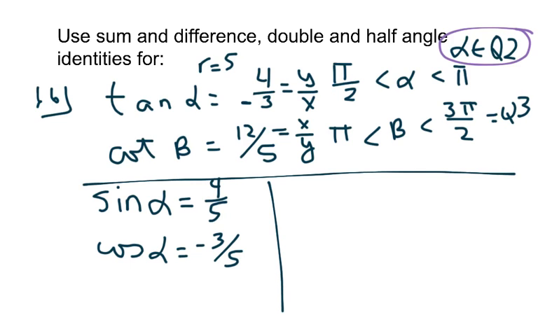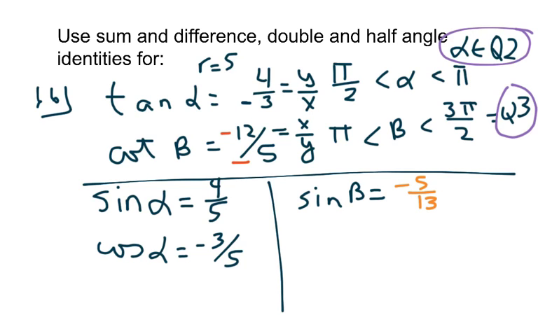Alright. Now for my beta, I have sine of beta. Sine is y, so that's 5. Now we know we're in quadrant 3 here. This is quadrant 3, so I know technically both of these are negative. So sine's going to be negative 5 over 13.